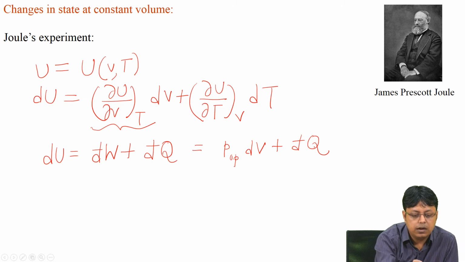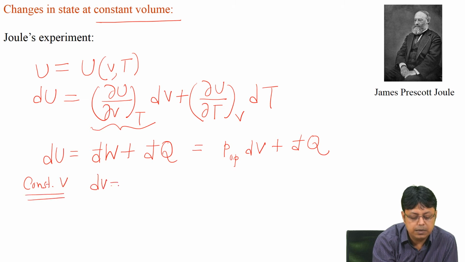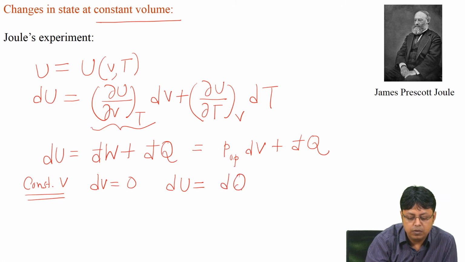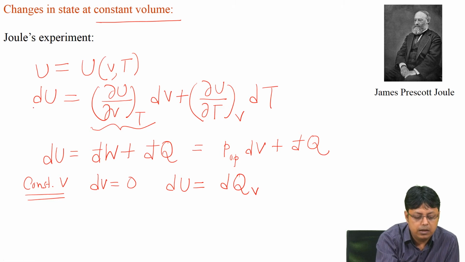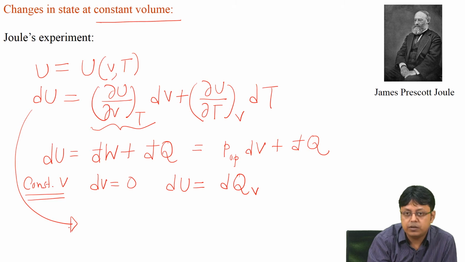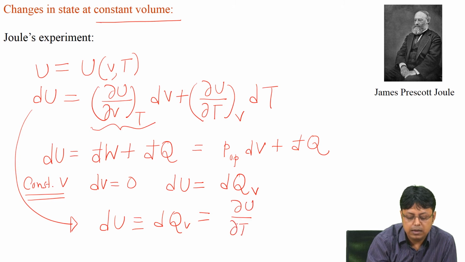Now, if we consider a constant volume process, dV must be 0. So dU is nothing but đQ at constant volume. So we can use this equation for a constant volume process: dU is đQ_V, which is (∂U/∂T)_V dT.